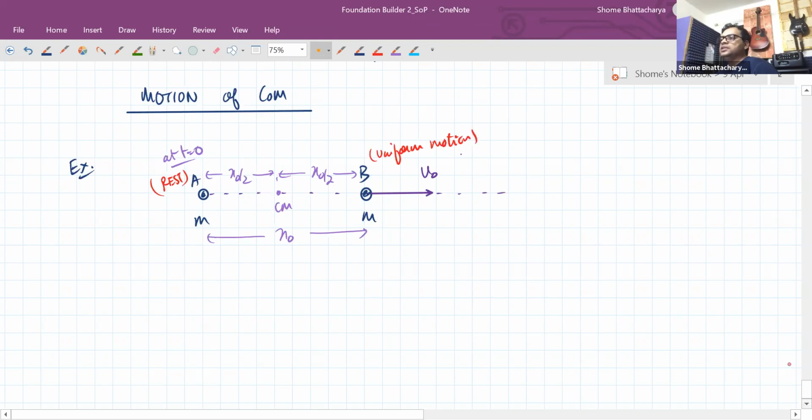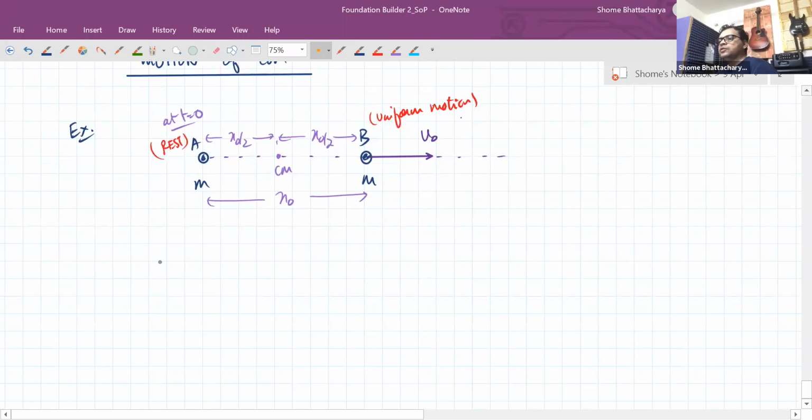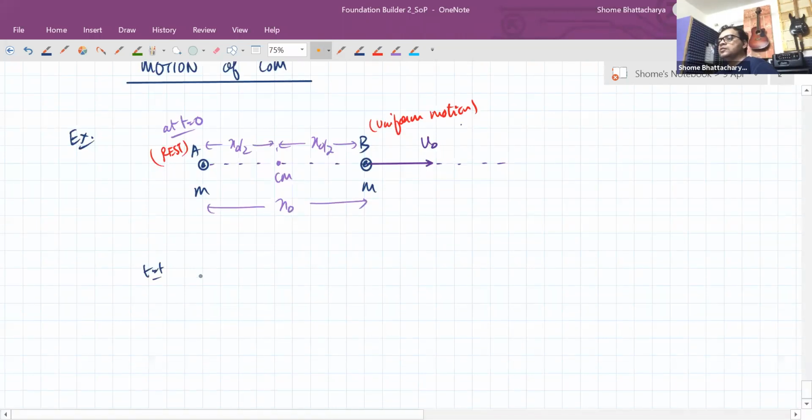So what we can observe is that after some time t, how will this system have evolved? The particle A would have remained where it is, but B would have moved from this position to somewhere here. So the displacement of B would be the change in its x coordinate, which would be V0 into t.